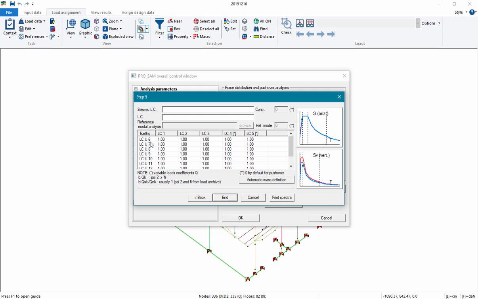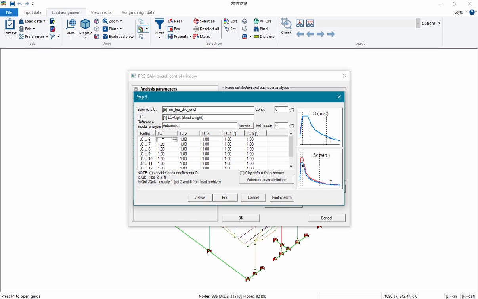So in this table we have for each row the seismic load cases, and in each column the non-seismic load cases, and this number tells the program which part of the loads is to be considered in the seismic mass.